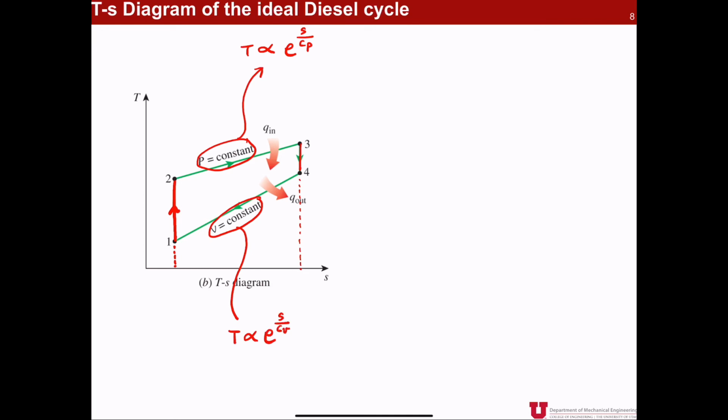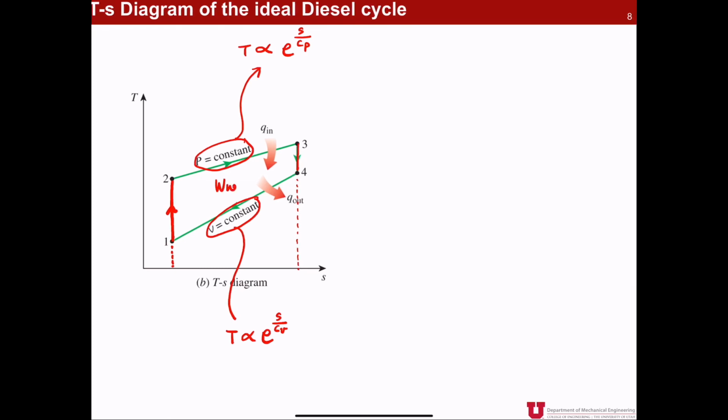So now because the Cv is always smaller than Cp, the slope of the constant volume curve in the TS diagram should be steeper than the constant pressure curve. So that is why we have a different kind of slope for the 4 to 1 process, which is steeper. Okay. And now again, your net work is still the area surrounded by the closed loop of this diesel cycle.